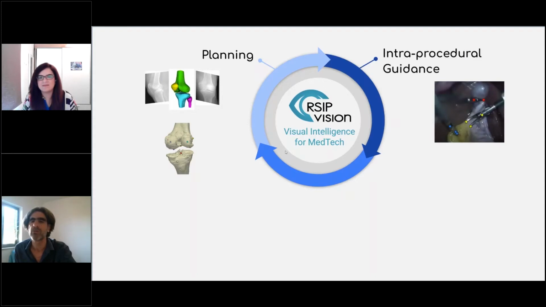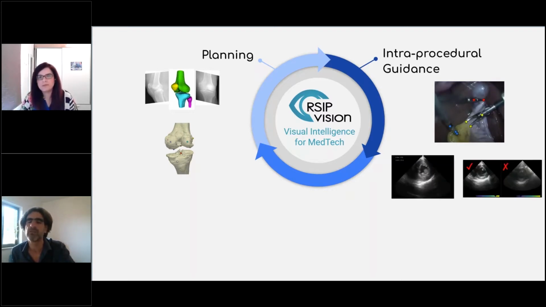We also work on intra-procedural applications, such as using surgical tools to do virtual measurements during a surgery, automated analysis of ultrasound clips, and guidance for the operator of ultrasound devices, reducing the user dependence.